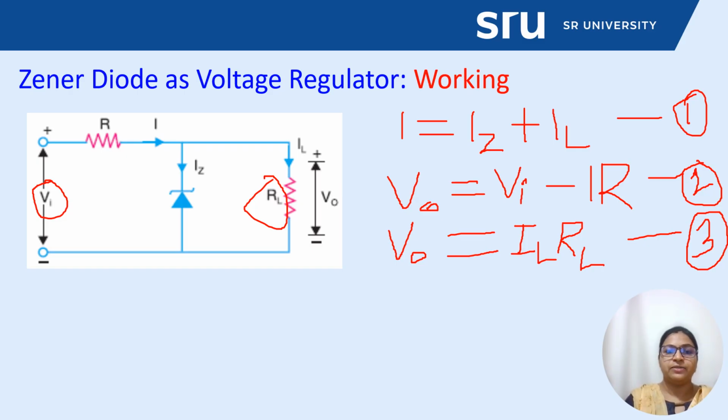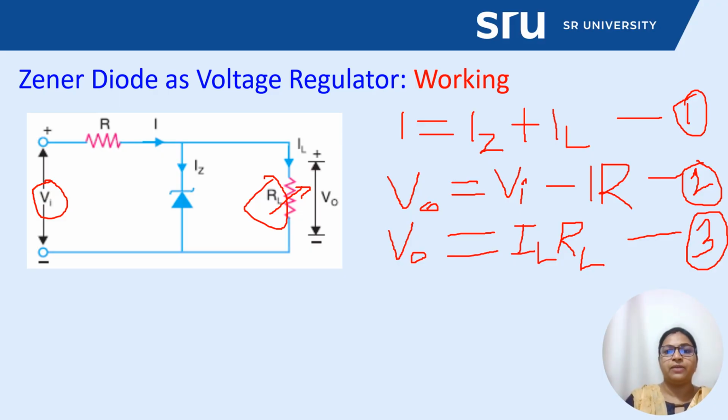So if RL varies, that means there is variation in RL and VI is constant. So output voltage V0 tends to remain constant. From equation 2 we get delta I is 0 since VI and R both are constant.